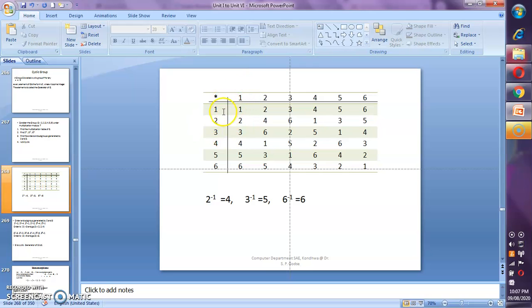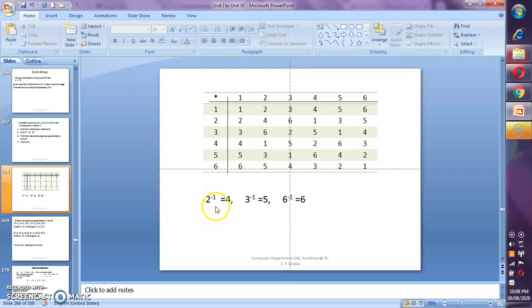So 1 into 1 is 1. 1 modulo 7 is nothing but 1, 2 modulo 7 is 2, 3 modulo 7 is 3, 4 modulo 7 is 4, likewise. Then you can see that 2 into 4 is 8, 8 modulo 7 is 1, then 10 modulo 7 is nothing but 3 and 12 modulo 7 is nothing but 5. Likewise, we obtain all the elements of this matrix.